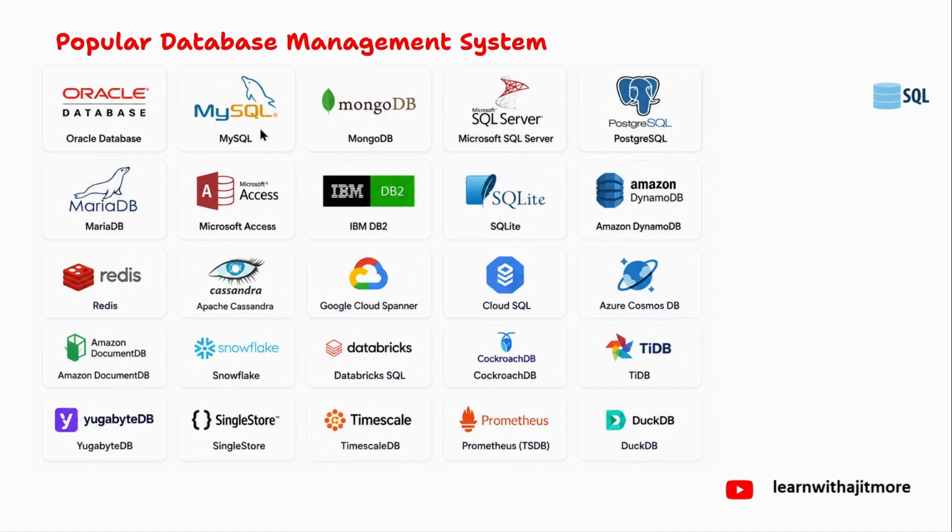MySQL is also open source. So it won't be much difficult if you are switching from MySQL to Postgres. Hardly any little changes are there. Okay? So common database management systems I have listed. Snowflake and others are also becoming famous, but they are cloud based.